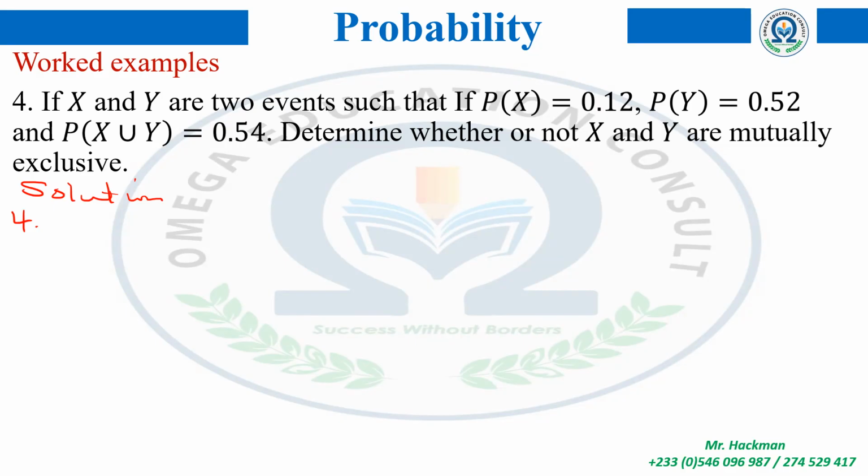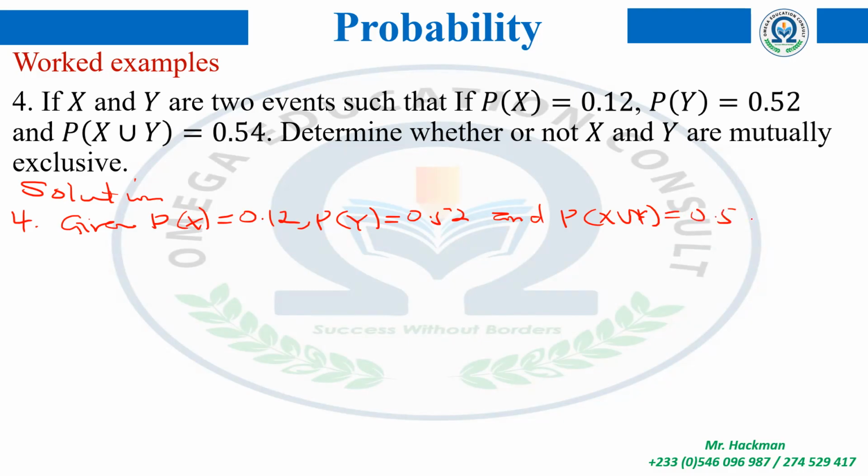So first of all, let's extract. We know that we need to extract the information. So given, after writing solution and the question number, let's extract. P of X is equal to 0.12. Then P of Y, the event Y, is equal to 0.52, and P of X union Y is equal to 0.54.